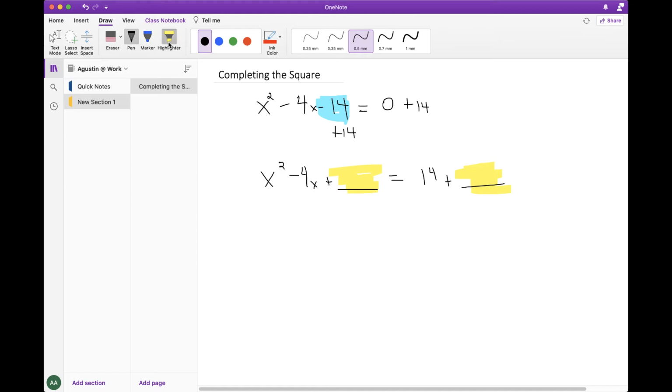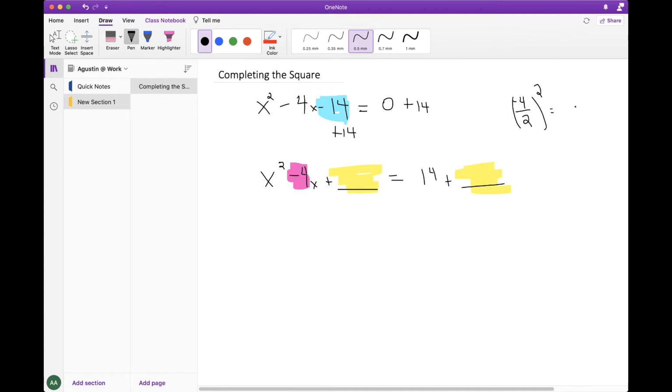Right, it's going to go here also, whatever number that is. So how do we figure that out? To figure that out, we look at this number here. We take that number, negative 4, and we divide it by 2. We take half of it. And then we're going to square that.